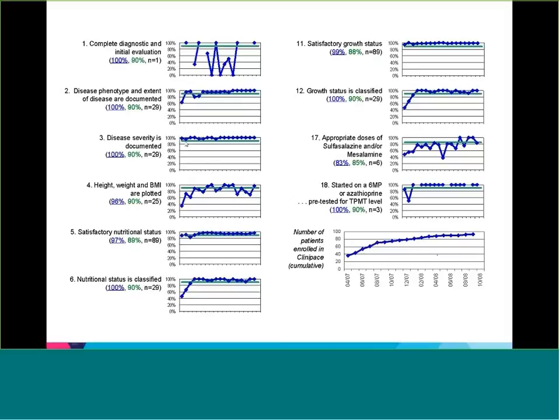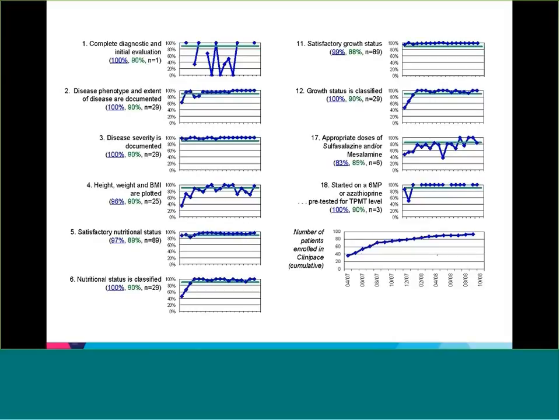This is an example of what you would call a ceiling measure. So the benchmark was above this green line here, and you can see every measure at every point in time exceeded the benchmark, and it turns out this was happening at every center. And so there's no point in continuing to measure it. If everybody's doing it right all the time anyway, then that's not a particularly good measure.